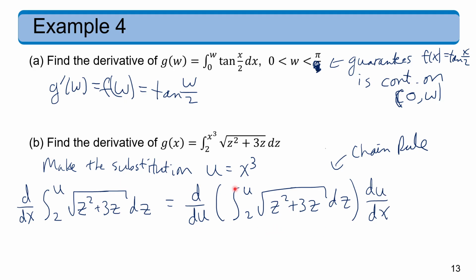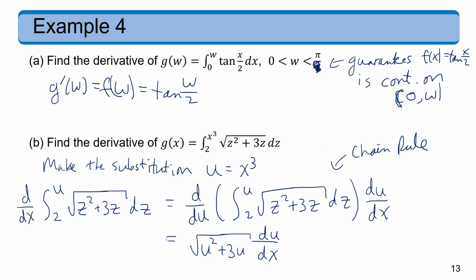So this derivative will cancel out this integral and leave us with this function, but it will no longer be written in terms of z. It will be written in terms of this variable that's the right endpoint. Okay, so that derivative will be the square root of u squared plus 3u, and then we still have it multiplied by du dx at the end.